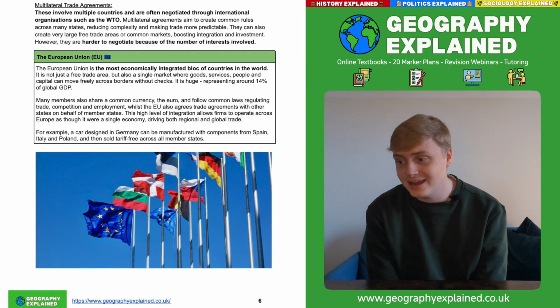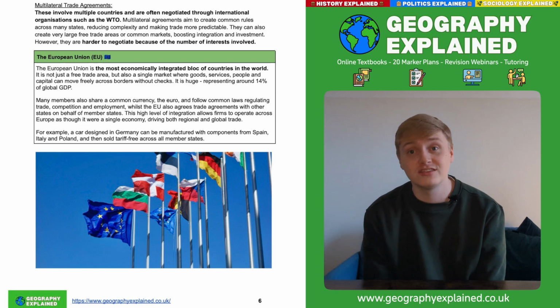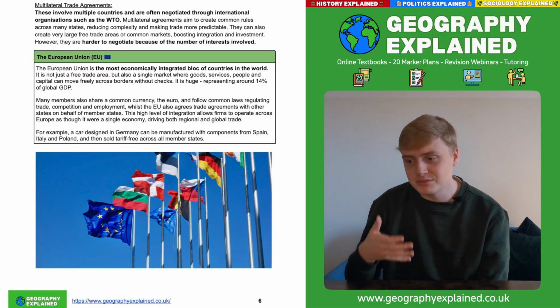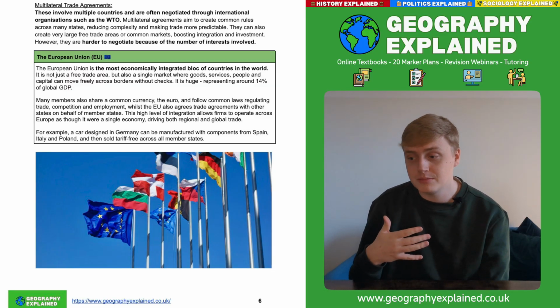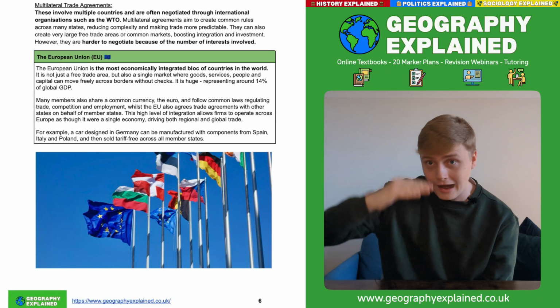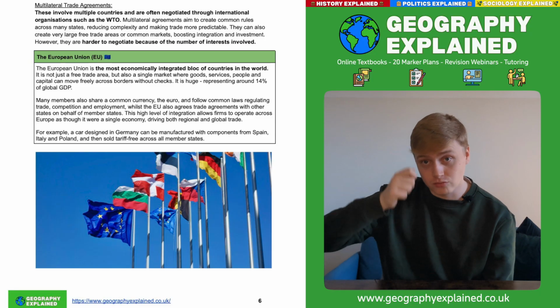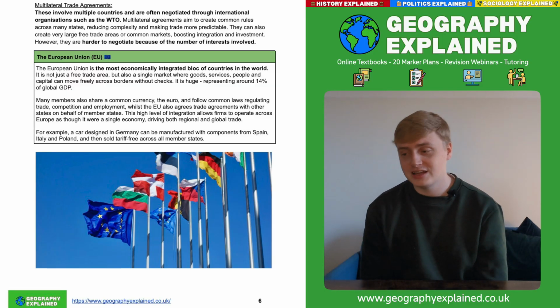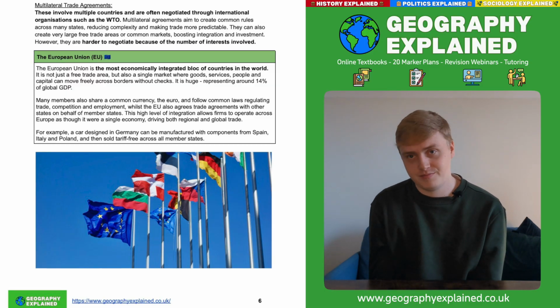It's the most economically integrated bloc of countries in the world. It's not just a free trade area, but actually a single market where goods, services, and people can travel between borders without checks, and it represents 14% of global GDP. So effectively, European Union countries have agreed to reduce tariffs to zero on all trade to really promote free trade within the European Union between states, and that's been really effective.